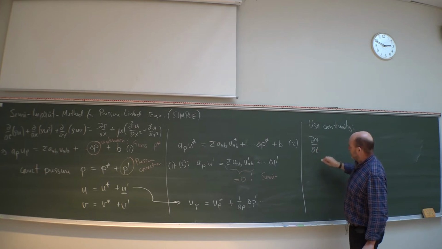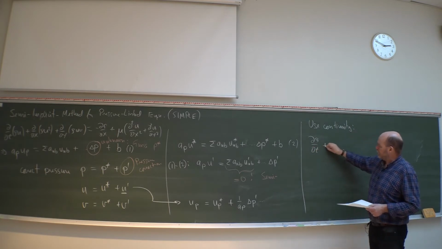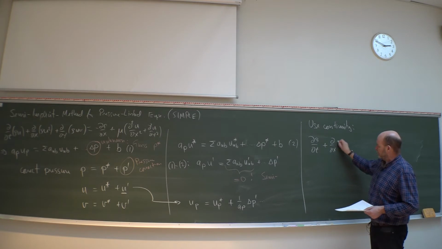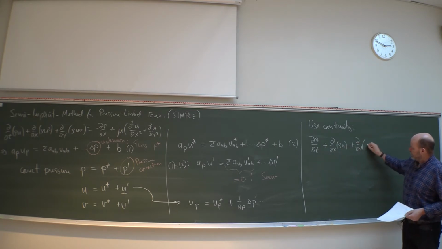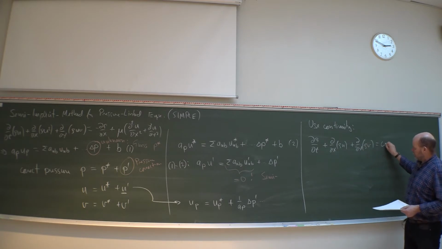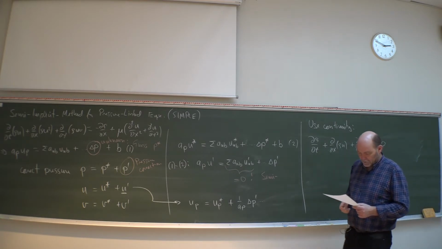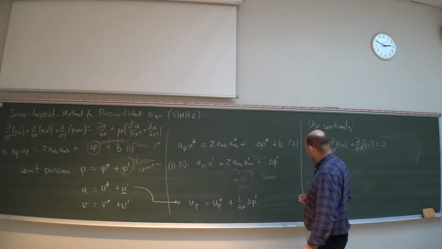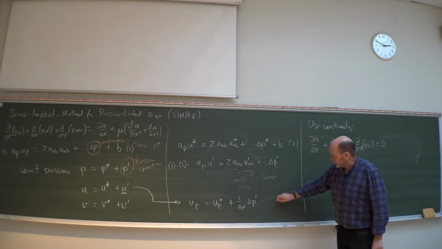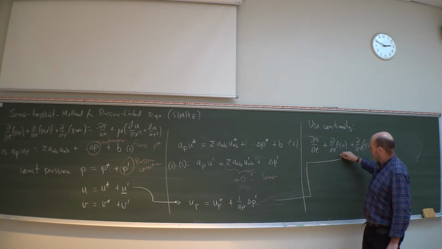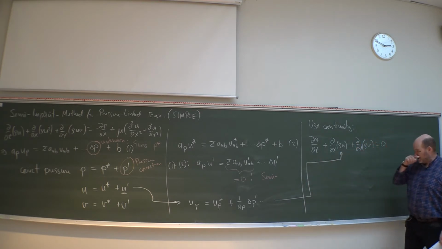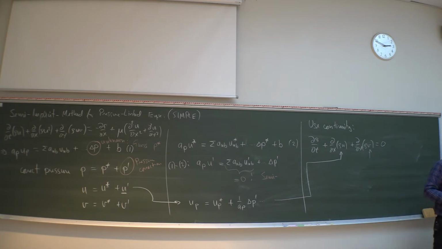In general, the time derivative of the density, and then you'll have the x derivative of rho u, the y derivative of rho v, equal to 0 in 2D. So then you take the one we find here from this one and insert it here. And then of course you do the same with this one for the other direction.